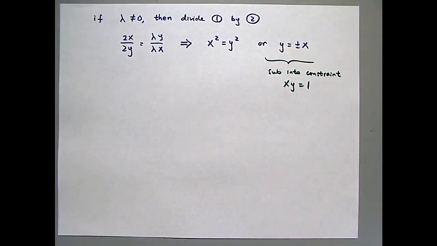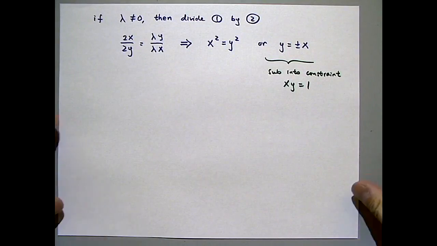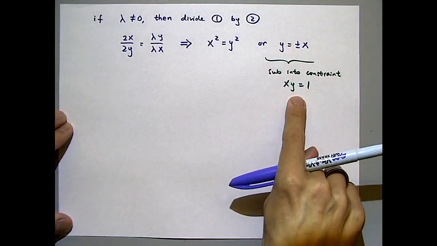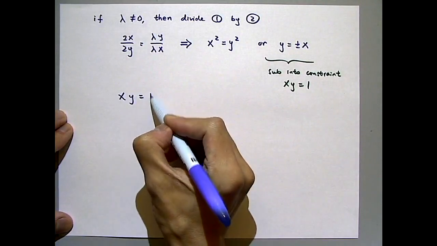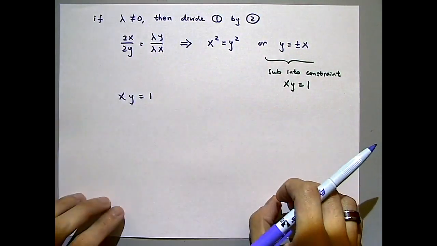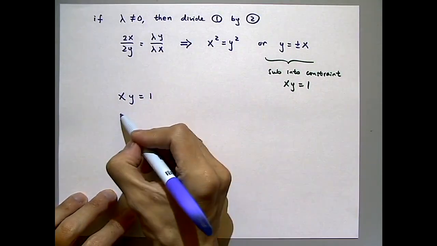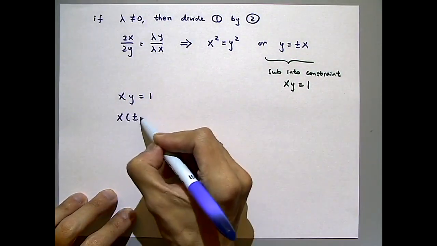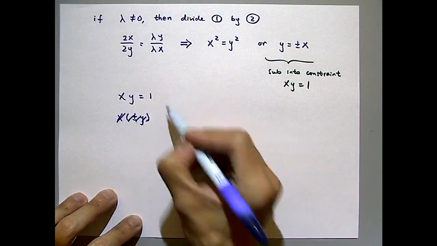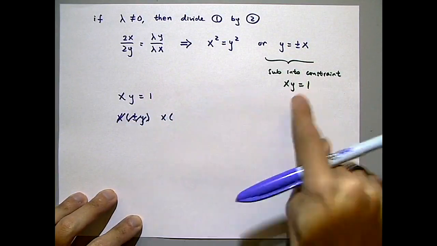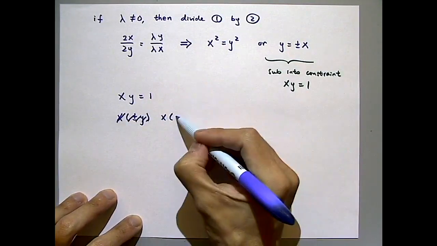So now we can substitute this into the constraint equation, and then we can solve for x or y. Okay, so here's our constraint equation: xy is equal to 1. That means x times plus or minus x, because y is this guy, right?